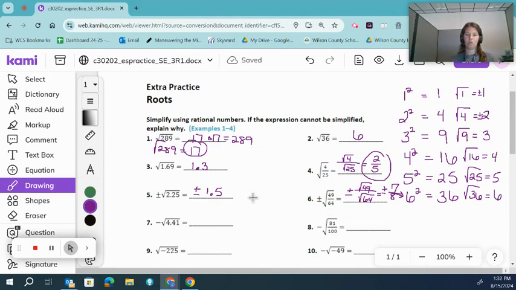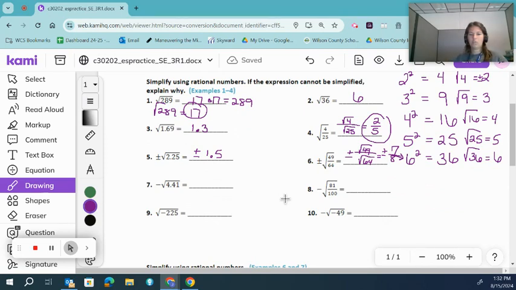Okay. There are more that you can try. The last ones we're going to take a look at are 9 and 10. Is there a number that can multiply by itself and be negative? The square root of positive 225 we talked about was 15, but there's no one number that can multiply by itself to equal a negative.